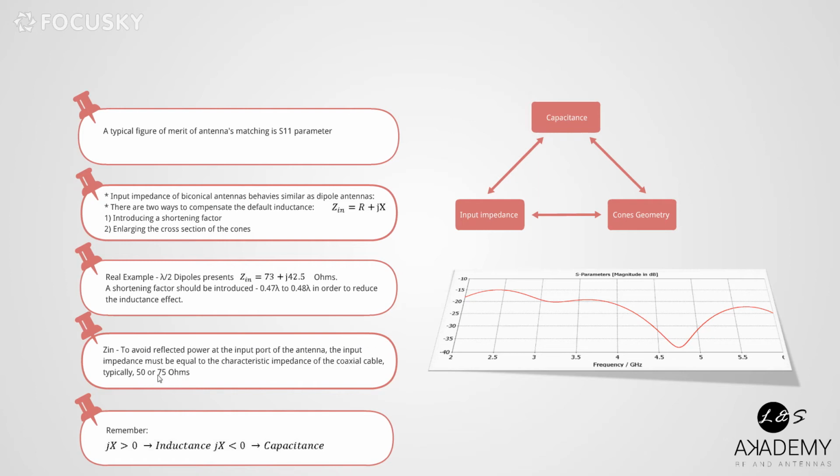As you can see here, this value is really close to this value. So compensating this effect, we match the input impedance of our antenna to the characteristic impedance of the cable which feeds it.